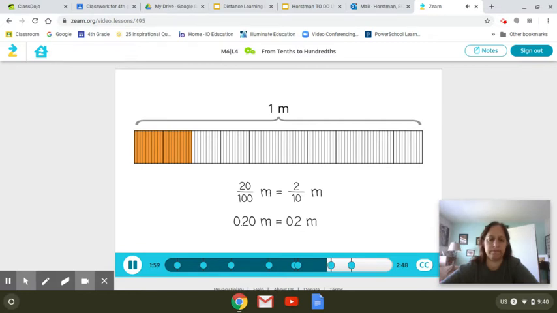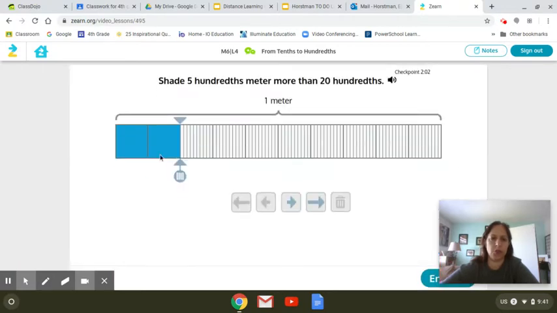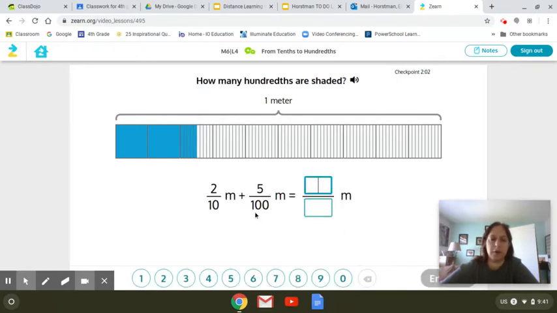Now let's shade 5 hundredths meter more. We've already shaded 20. We're going to shade 5 hundredths, so I can only go by ones. 1, 2, 3, 4, 5. How many is that? 20 plus 5 would be 25 hundredths.